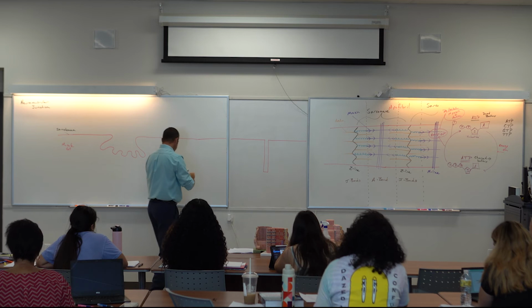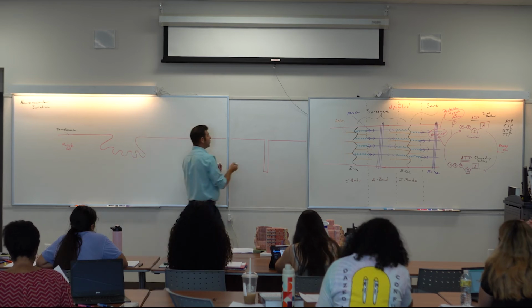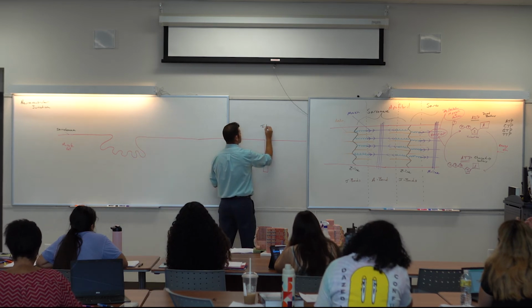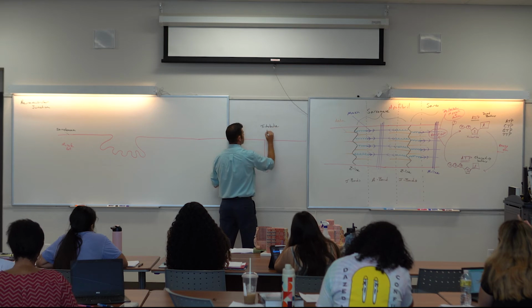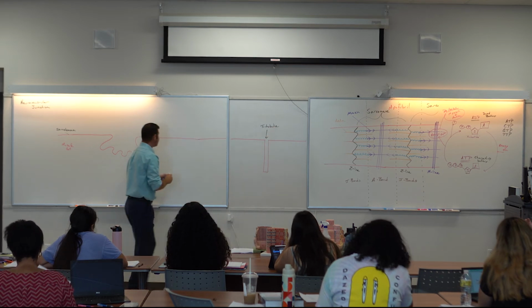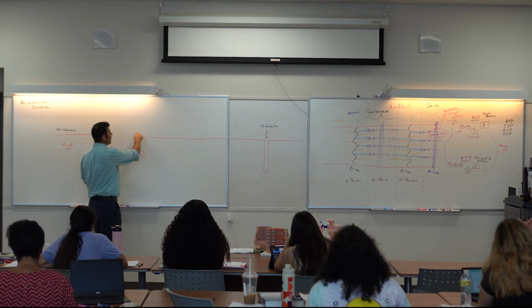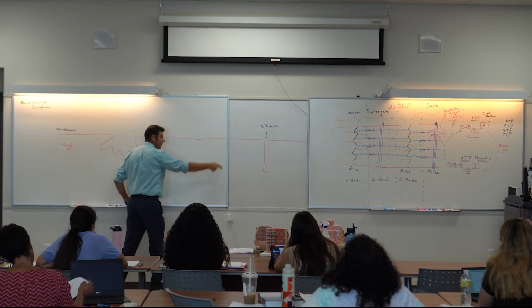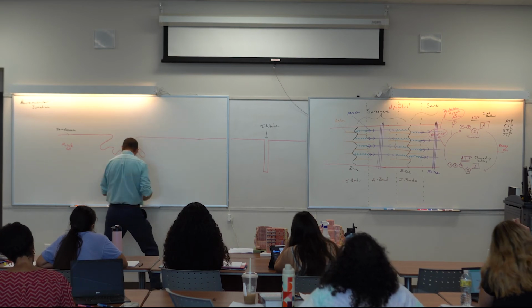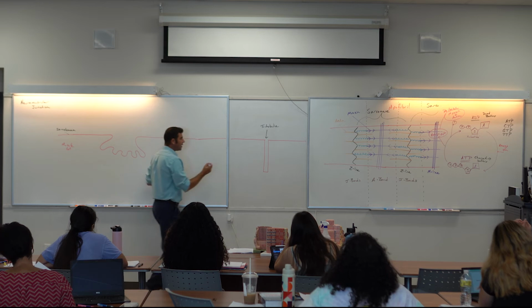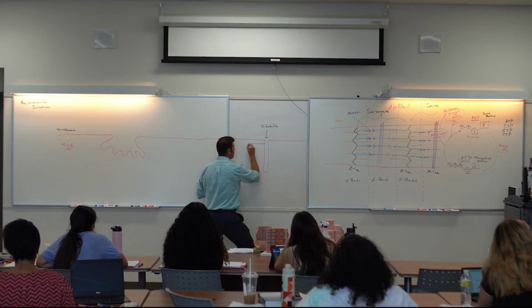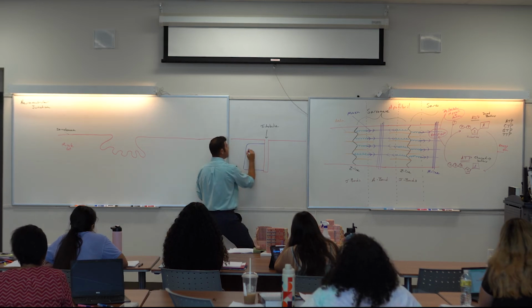I'm going to label that structure as one of our T-tubules. There's our T-tubule. It's going to be this depression in the sarcolemma that takes us down into the center of this muscle fiber. And what it's going to contact down there is this sarcoplasmic reticulum.